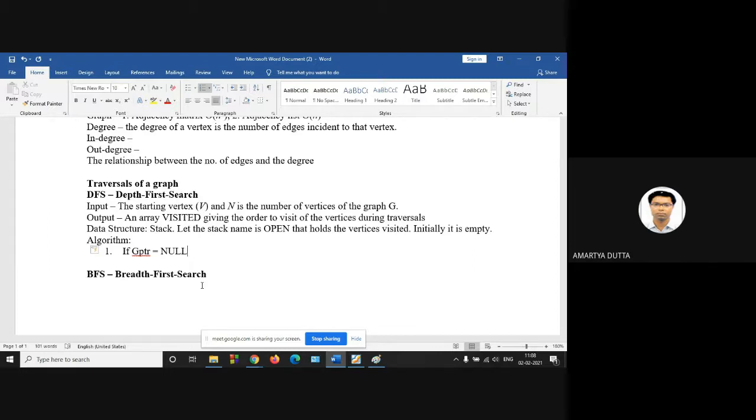Here GPTR is the pointer to the graph G. If GPTR is null, it means print the graph is empty, and exit. End if.